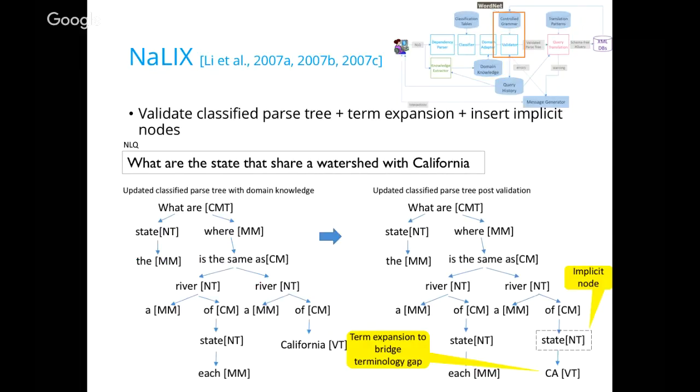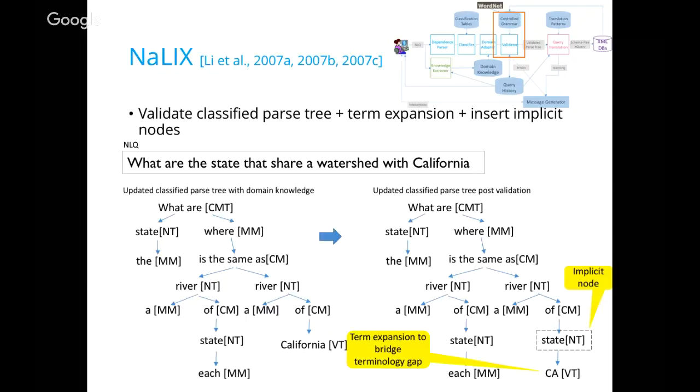Then there are two things I want to mention. One is, let's say my original query term is California, right? But let's say in my database it is actually CA. So what this system provides is term expansion, which can replace the term in the original query with a term that is in the database.